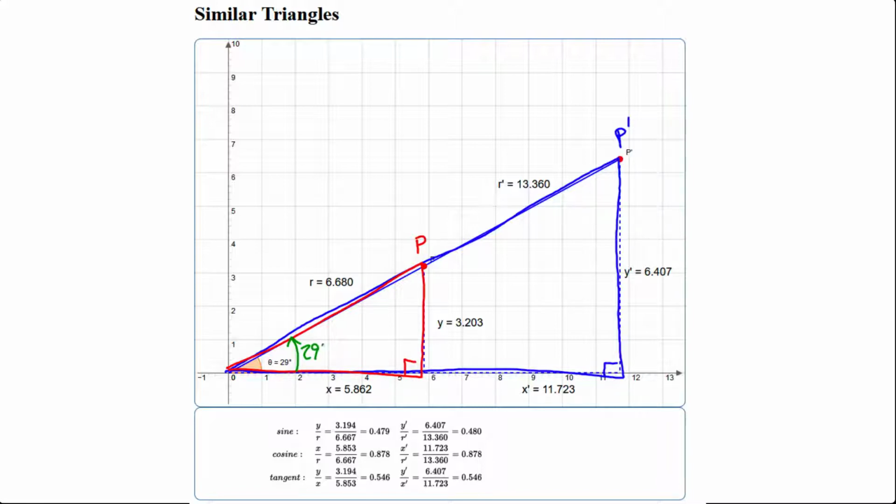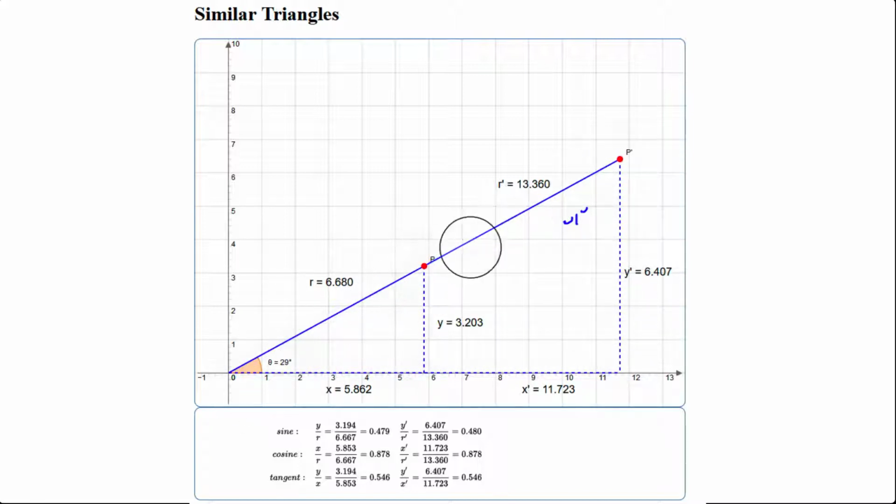If this is 29 degrees, then the angle here in the red triangle is complementary to that, which means they both add up to 90 degrees. So 90 minus 29 is going to be 61 degrees. Same thing in the blue triangle. This angle up here is also going to be 61 degrees because this angle down here is 29. So that means I have similar triangles. In similar triangles, the angles within the triangles are the same, but not necessarily the lengths of the sides.